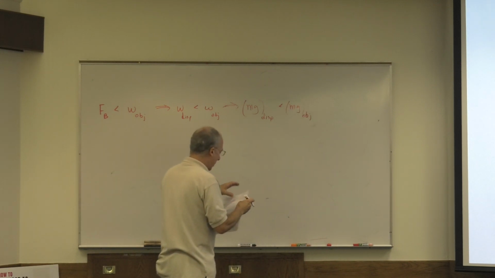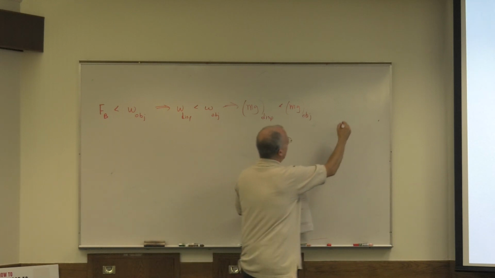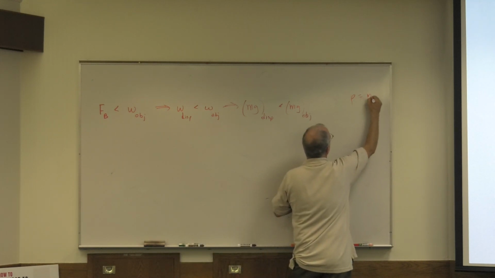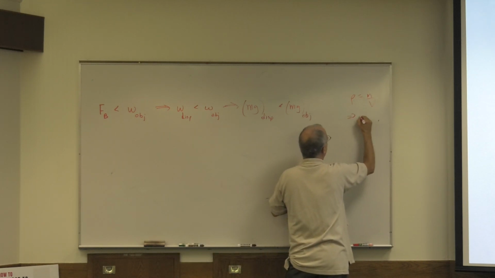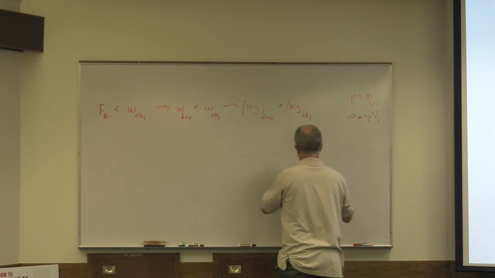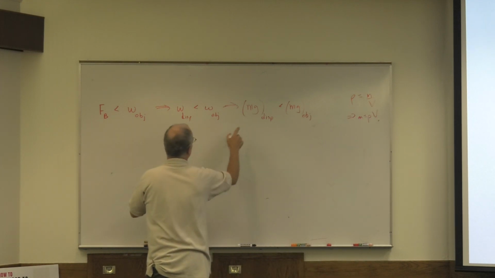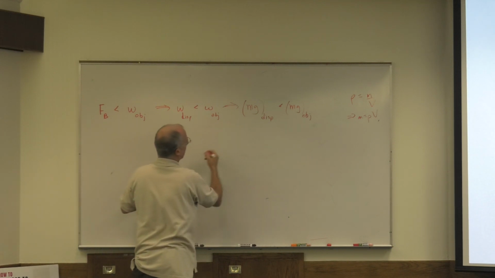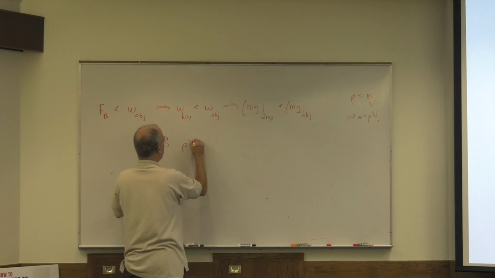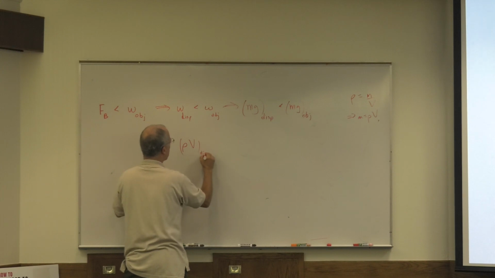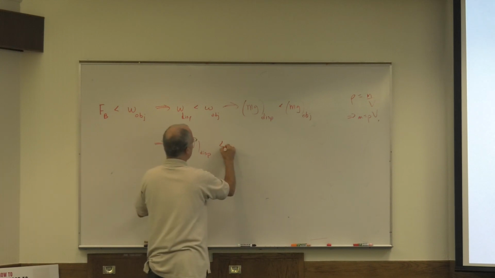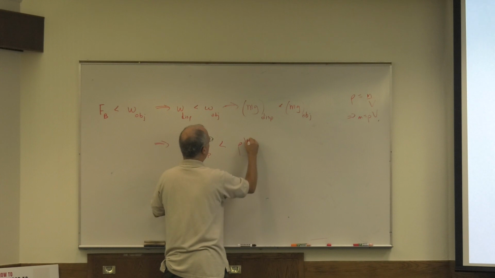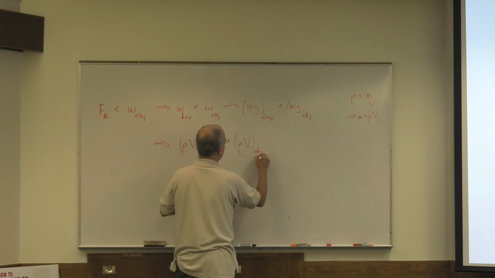Okay, great. Now again, density is mass over volume, so mass is density times volume. So now let's just substitute. So rho V of displaced fluid is less than rho V of object.